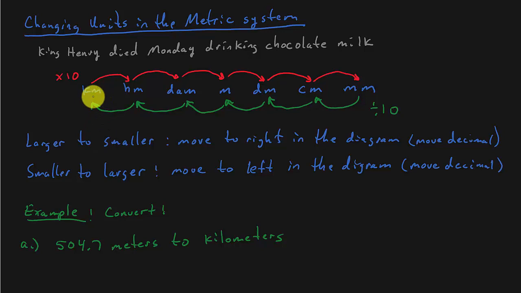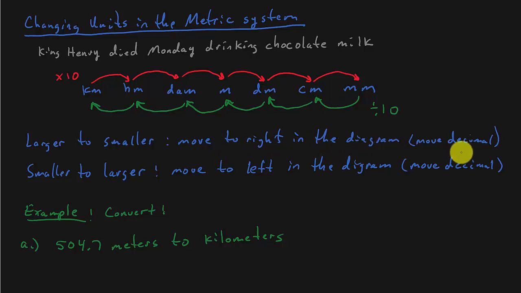So basically, we listed them all here, from the bigger unit to the smaller: the kilometer, the hectometer, decameter, meter, decimeter, centimeter, millimeter. Now, look at this. Larger to smaller. If we're going from a larger unit to a smaller unit, move to the right in the diagram.